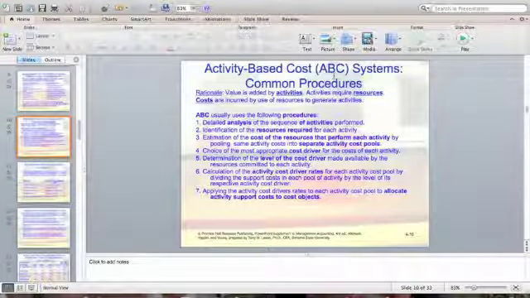How much is black pen using up? How much is red pen using up? How much is blue? How much is purple? How do we achieve that? Well, we want to figure out what the activities are that are using up overhead. Okay? And then we have to figure out how much is being used up of that activity in the overhead.